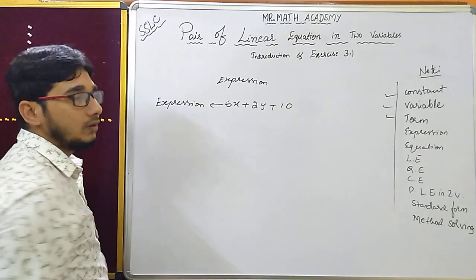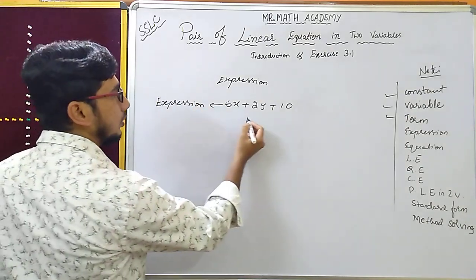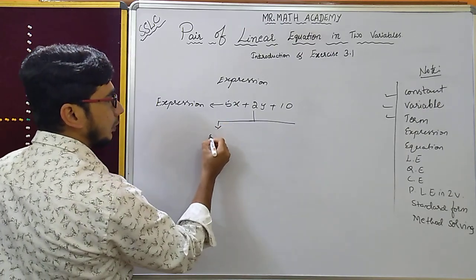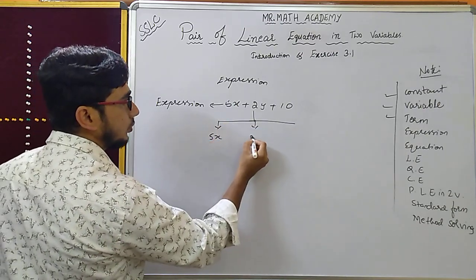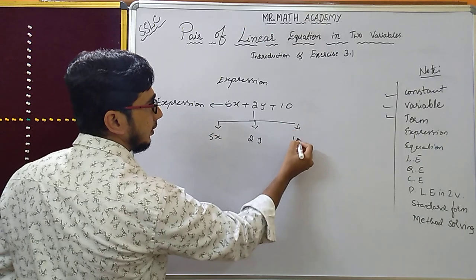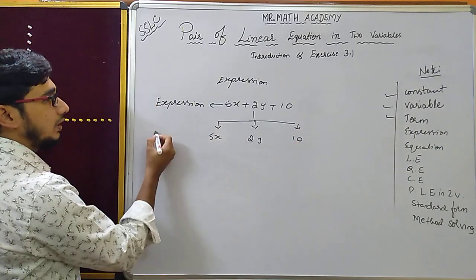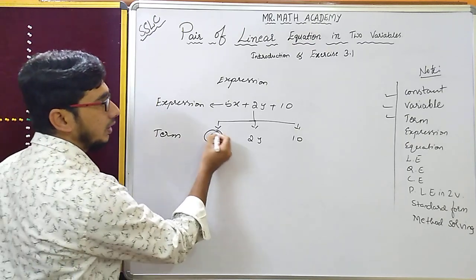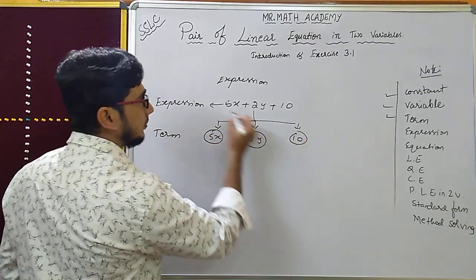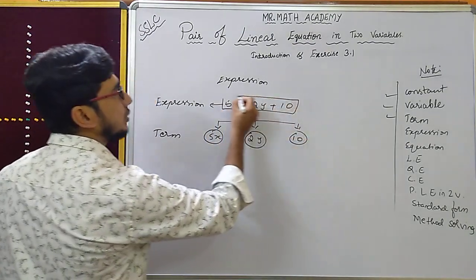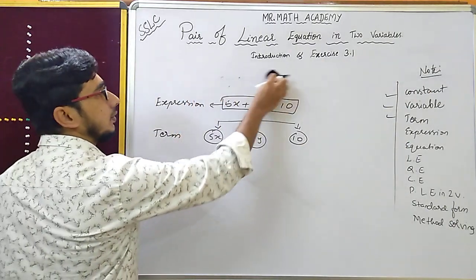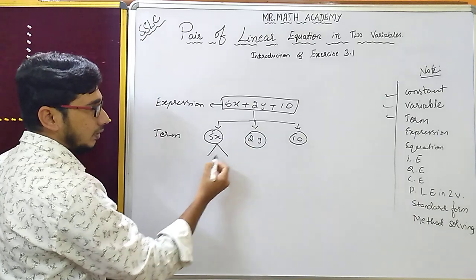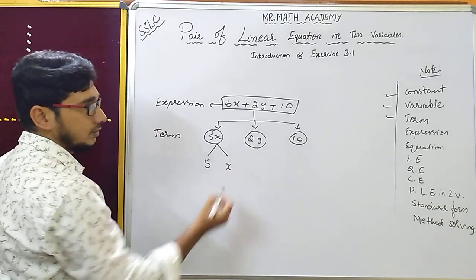Now let me classify each and everything. I will write this as 5x, 2y, 10. These we call terms. Already I told you people. This is a complete expression. Now I'll split this one. 5x.